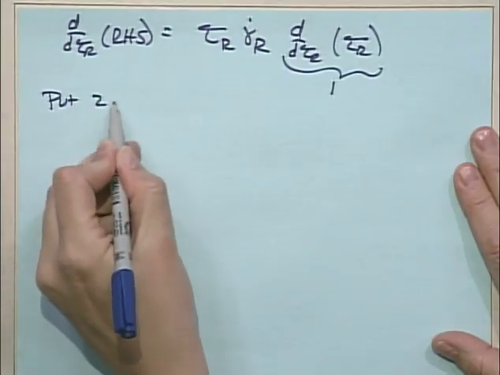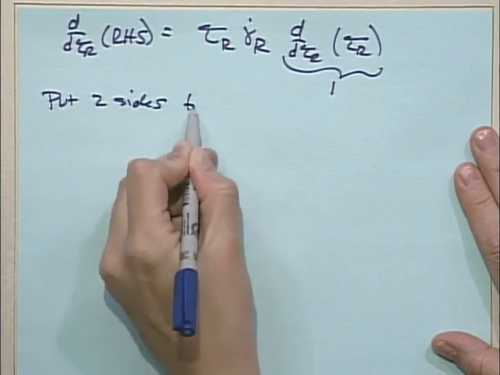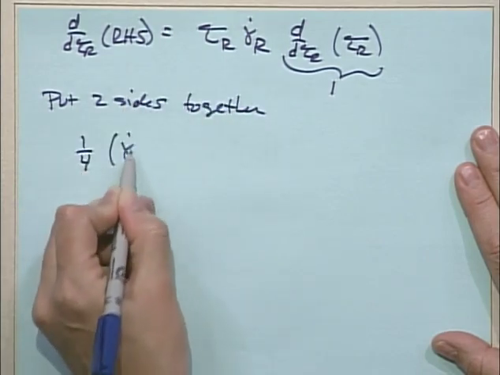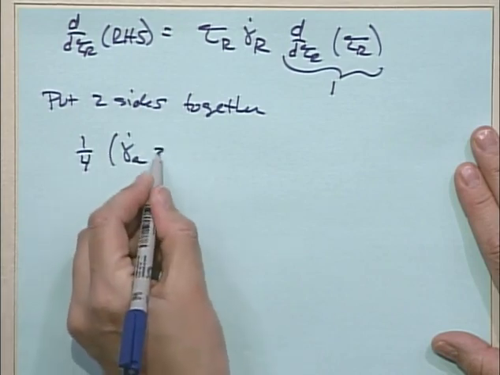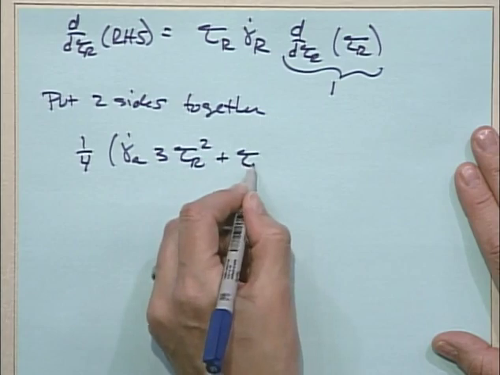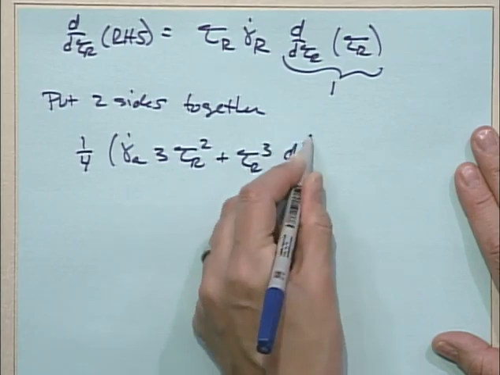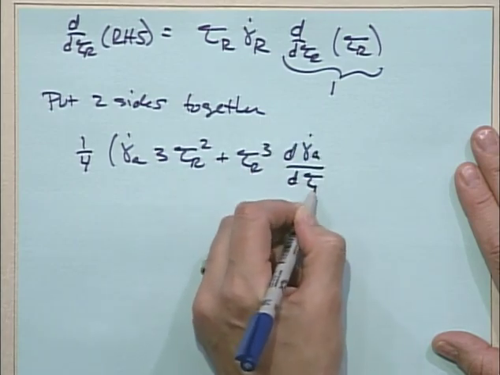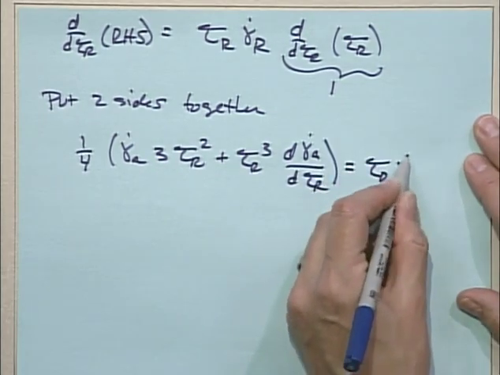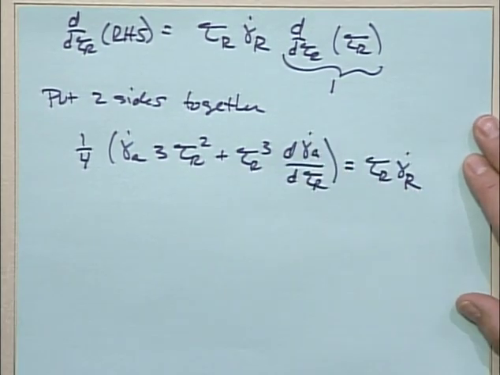Now we're almost there. We've got 30 seconds. Okay, we put the two sides together. We have 1/4 gamma dot apparent times 3 tau r squared plus tau r cubed d gamma dot apparent d tau r equals tau r gamma dot r, which is the thing we've been trying to calculate.